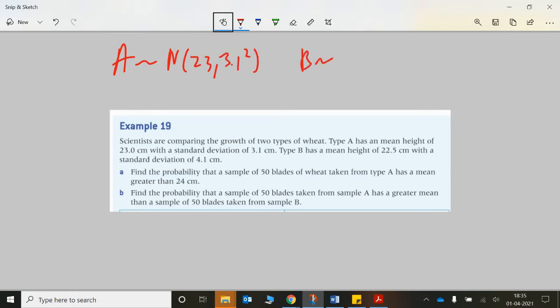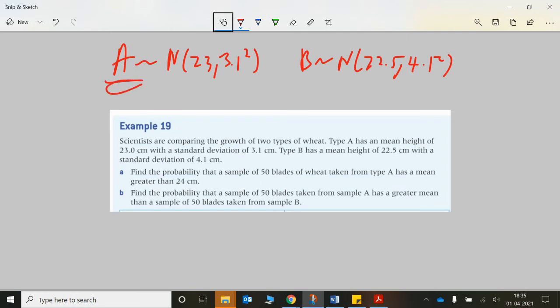and B is normally distributed with 22.5 and 4.1 squared. Okay, so find the probability that a sample of 50 blades of wheat taken from type A has a mean of greater than 24 centimeters.